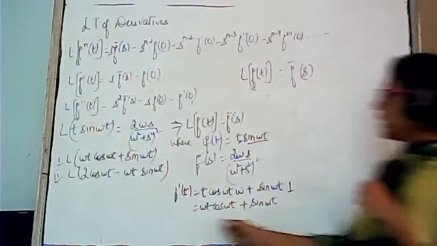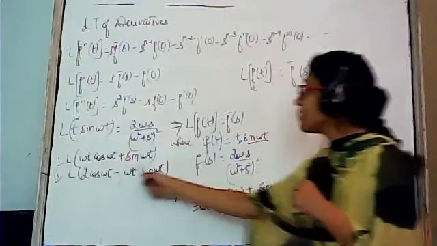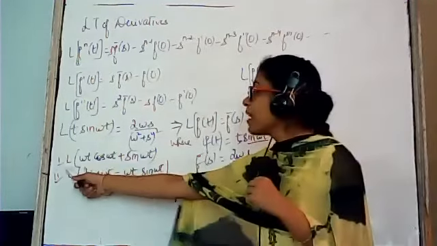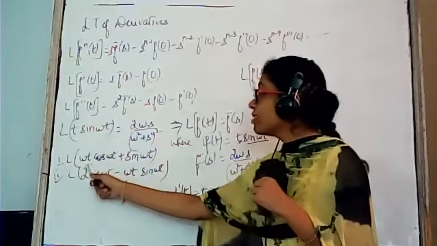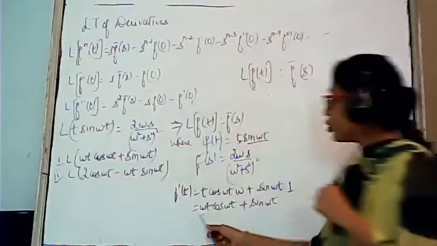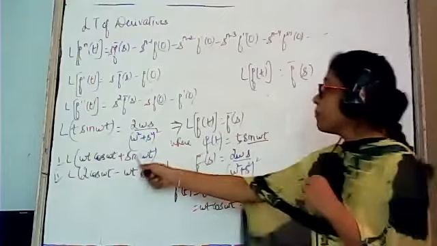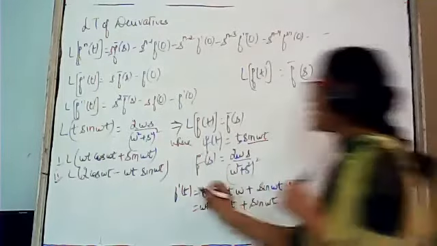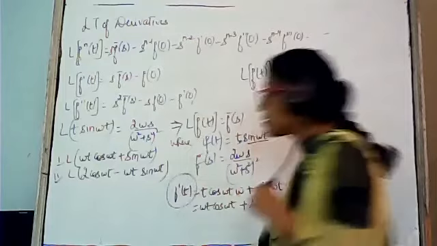ठीक है? Now see, we want to find the Laplace transformation of this term. In first part, you have to find the Laplace of which term? Omega t cos omega t plus sin omega t. It means that we have to find the Laplace of this term.